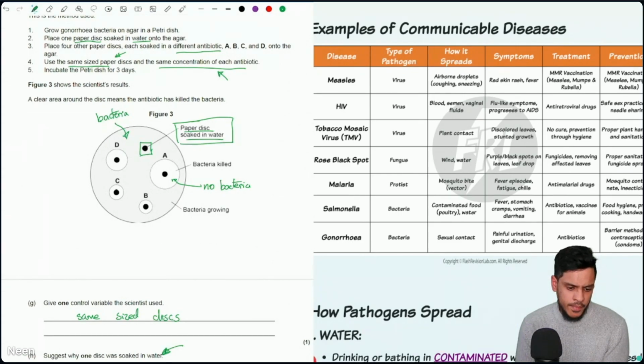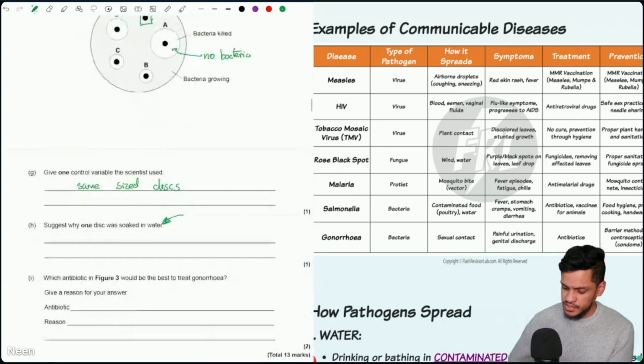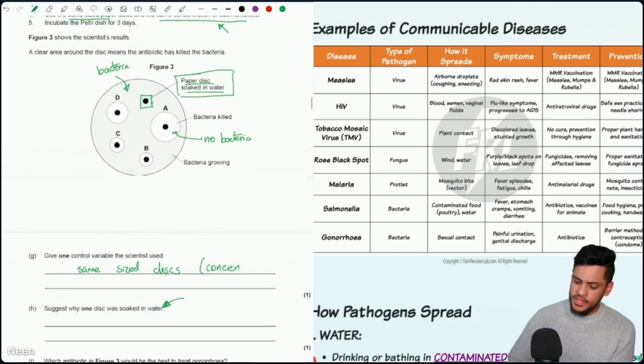Could you refer to the amount of bacteria as a control variable as well? Yeah, you can say the concentration of antibiotic, or the amount of antibiotics. That's acceptable as well. But you wouldn't say amount of bacteria, because they're all being put in the same petri dish.